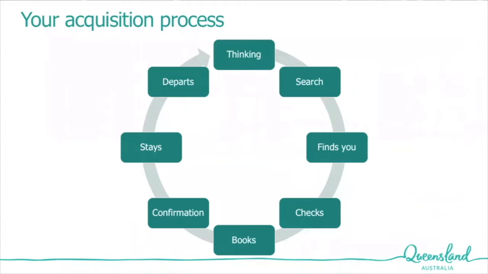Hopefully we've got them stuck with us all the way through now, and they're going to book. So we need that booking process to be really easy, and hopefully that's going to occur on your website so that you get that booking directly. You're then going to have some kind of interaction with them. Now, between finding you, checking and booking, they may also interact with you in an online chat, mightn't they?